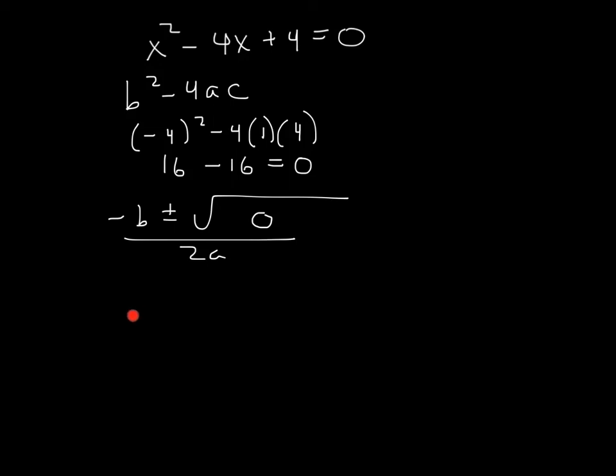So if b squared minus 4ac equals 0, then you just have one real answer. Like I said earlier, you have two, they're just the same. Any other number you put here, when you add that number or subtract it, it's different, but not with 0. So that's why with the discriminant being 0, there's only one real answer.